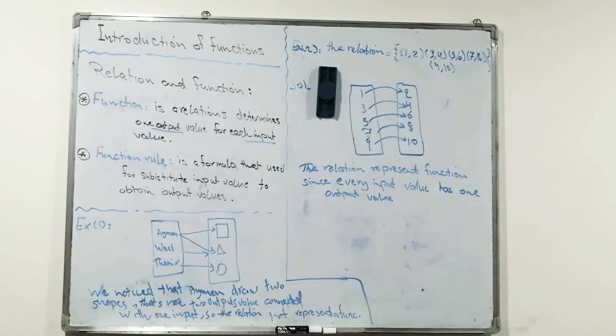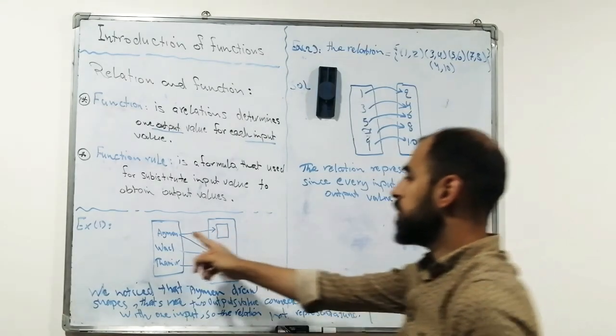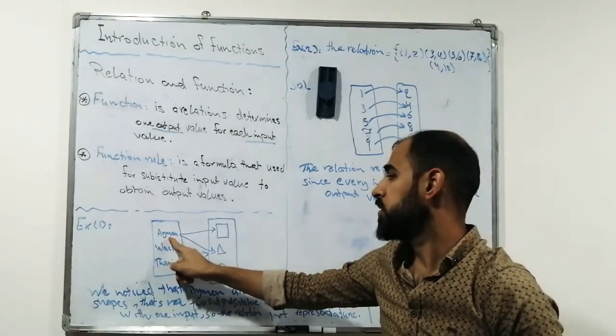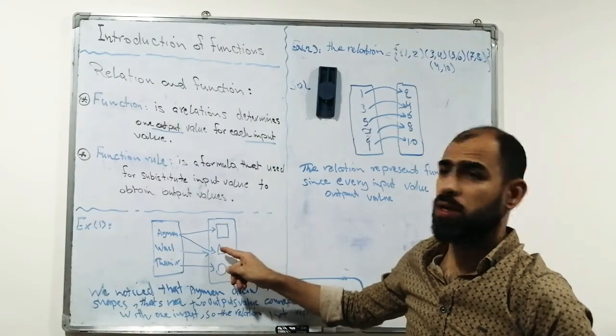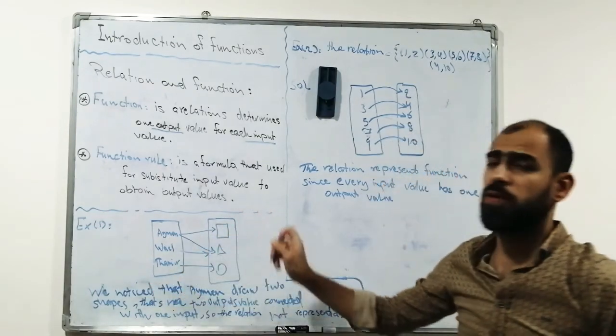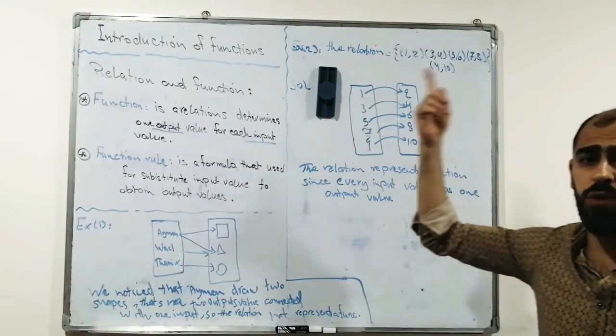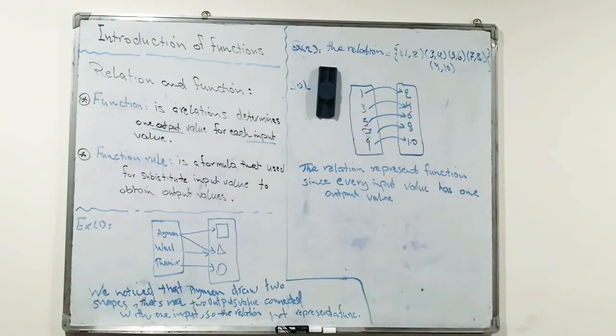Every input has one output. So if just one of the input values has more than one output, then the relation will not be a function. Here each input value has only one output, so the relation represents a function.